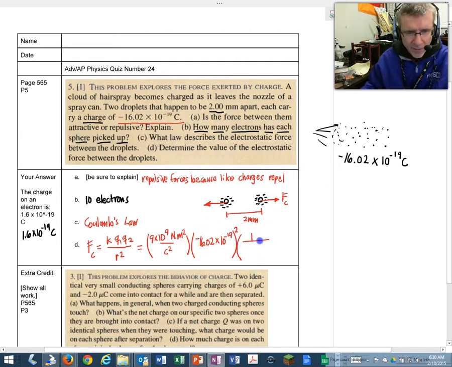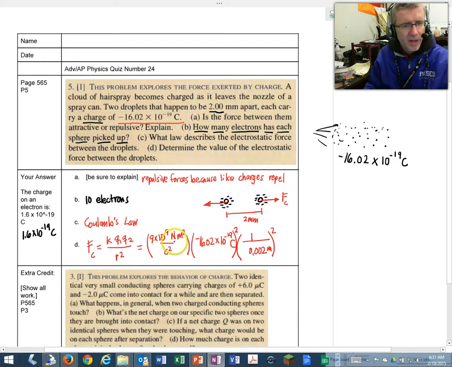So 1 over 0.002 meters squared. And this is coulombs here, and it's going to be squared. Okay, so 9 times 10 to the 9th newton meter squared per coulomb squared is K times charge 1 times charge 2. The charges are the same. We're going to square that. And then all divided by 2 millimeters squared, or 0.002 meters squared.